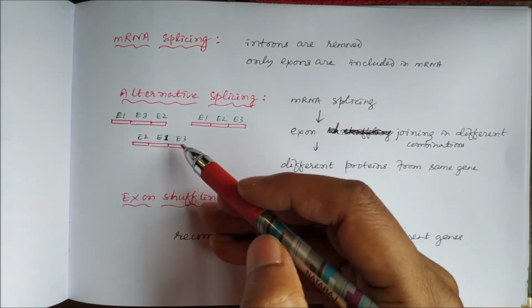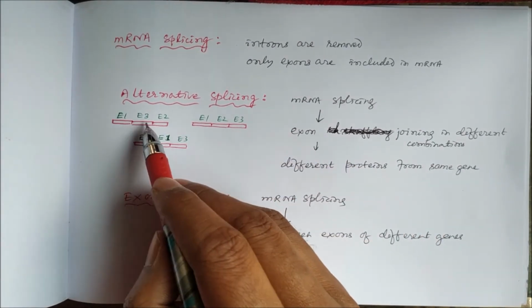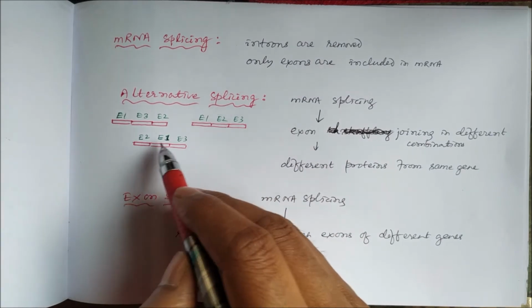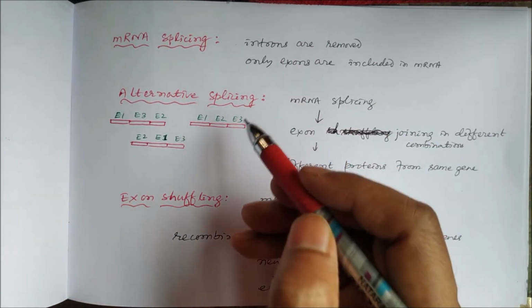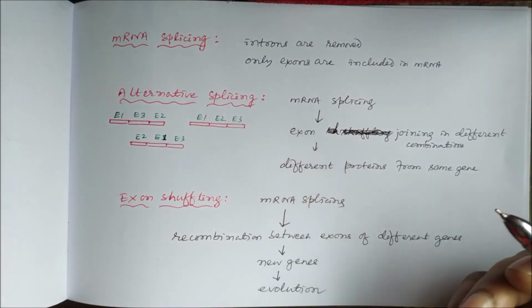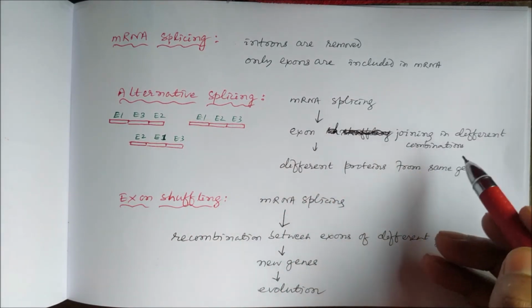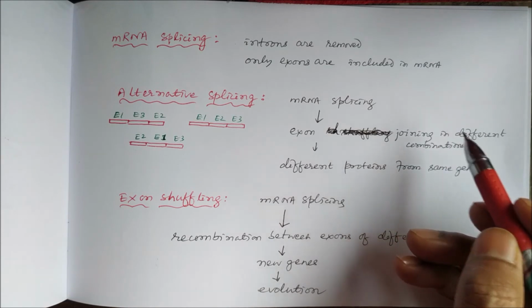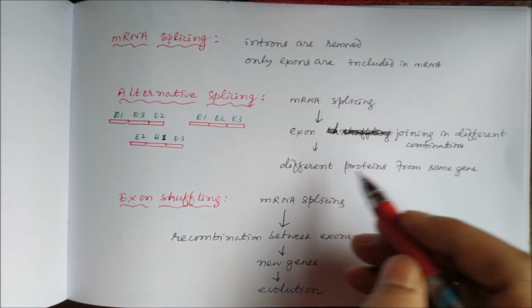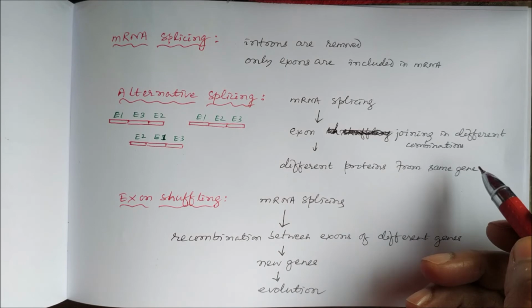Suppose here we have 3 exons. So E1, E3, E2, one combination. E2, E1, E3, another combination. E3, E2, E1, another combination. So if we can get different combinations from the same gene, then we will get different proteins from the same gene.